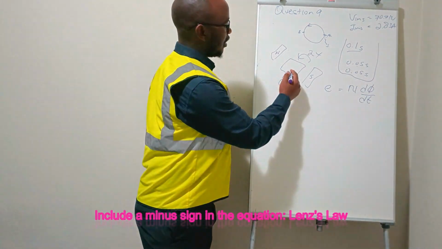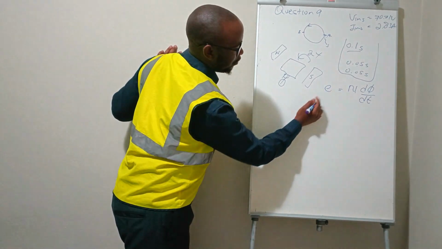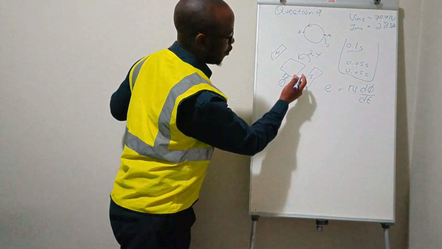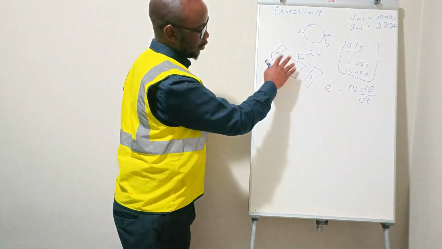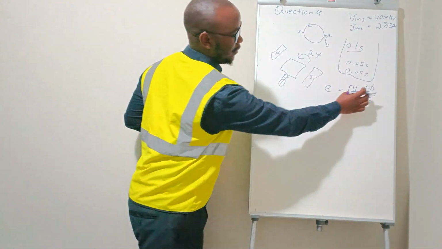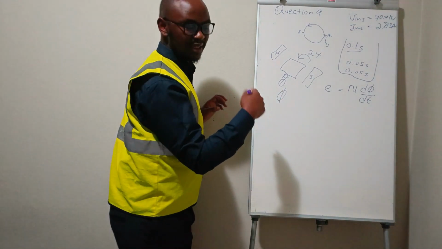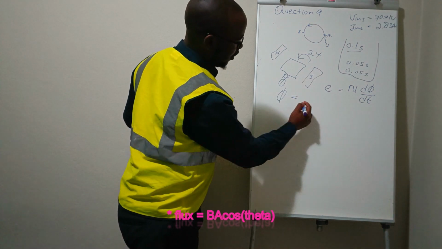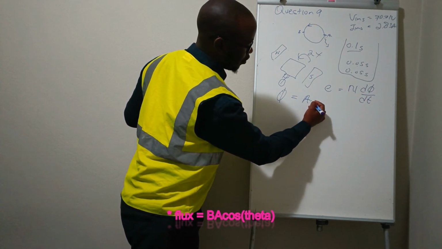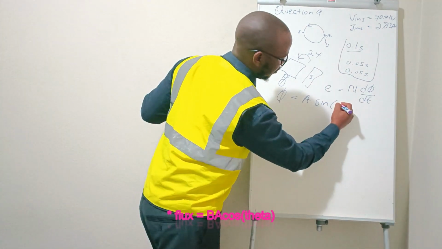So looking at the previous graph, we're rotating this coil around this magnetic field. We have the flux assuming a sine wave, let's say, with a certain amplitude and at a certain frequency.